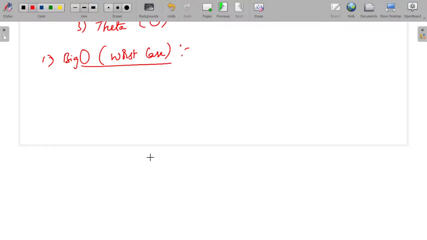If any problem is solved before the maximum amount of time that we have quoted, then the user is going to be happy and will not be disappointed with our algorithm, and our promises will be kept. For example, if I say that this algorithm is going to take 15 seconds, and the execution takes only 10 seconds, the user will be very happy, whereas I had quoted 15 seconds. But let us say I told him it is going to take only 5 seconds to complete, but it has taken 10 seconds.